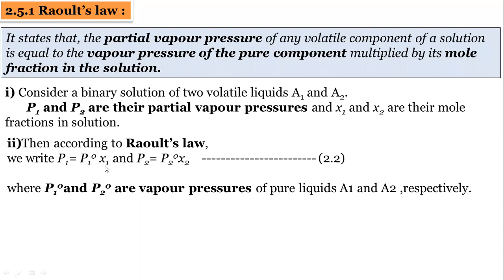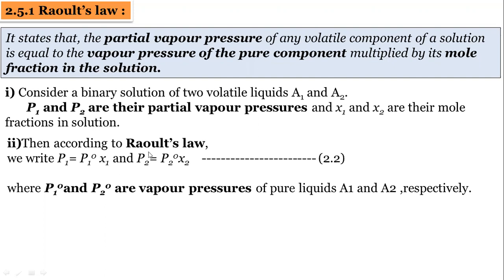If X1 is solute and X2 is solvent, so P2 is the vapor pressure of another volatile component, P02 is the vapor pressure of the pure component and its mole fraction. So here P1 is a partial vapor pressure, P2 is a partial vapor pressure of component 2, and P02 is the vapor pressure of the pure component. So don't make confusion between this partial vapor pressure and vapor pressure.